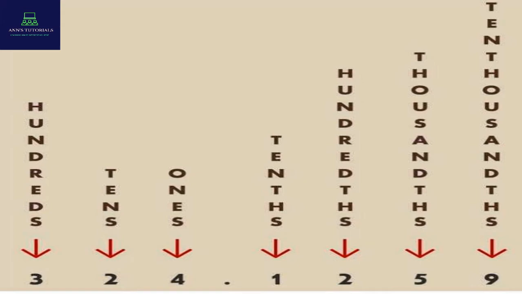There are number places to the right of the decimal point as well as to the left of it. The whole number part is on the left side, and the decimal part is on the right side of the decimal point. So these are the number places. I hope you are all well aware of the number places.